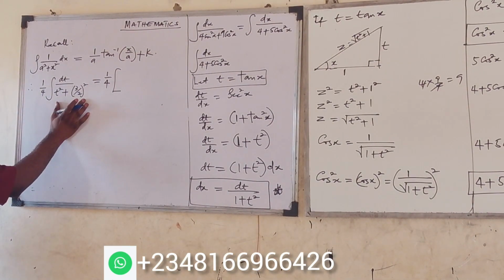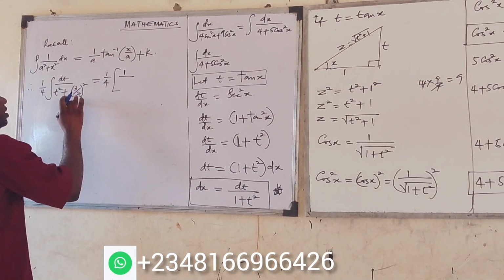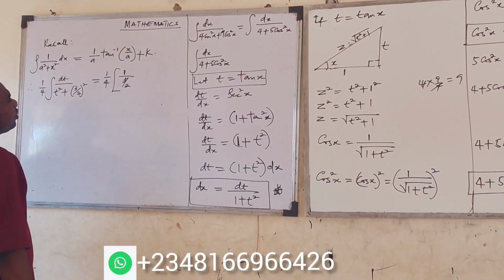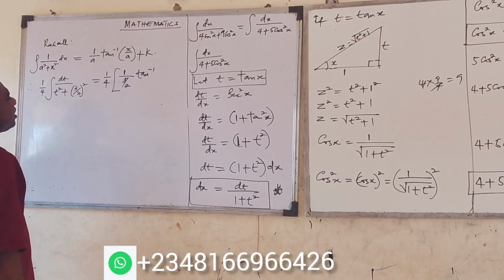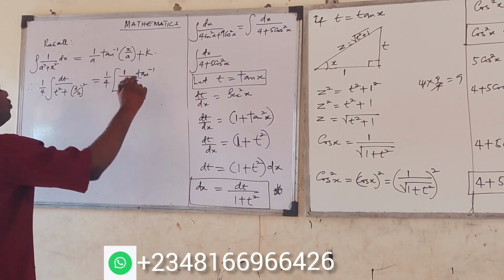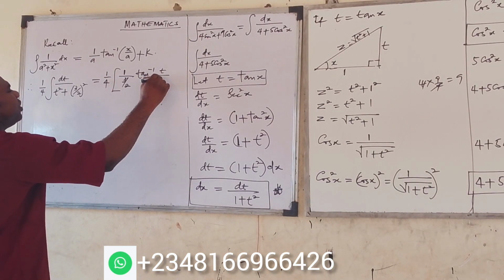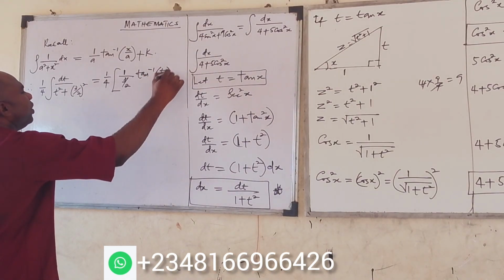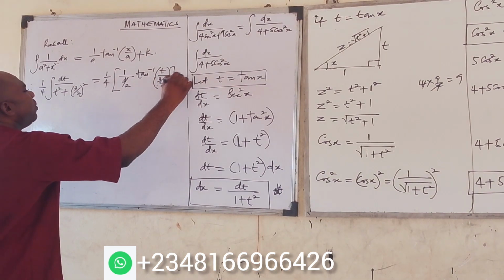Now the integral of this, comparing with this, becomes 1 all over the constant, and the constant is 3 all over 2, and here we have tan inverse of t all over a, which is 3 all over 2, then plus c.